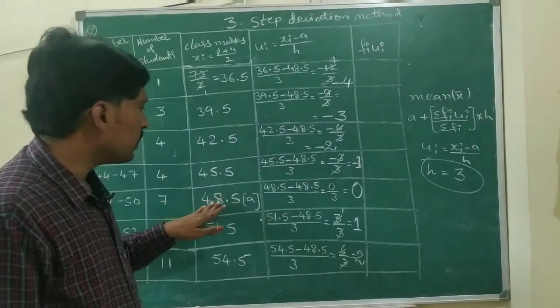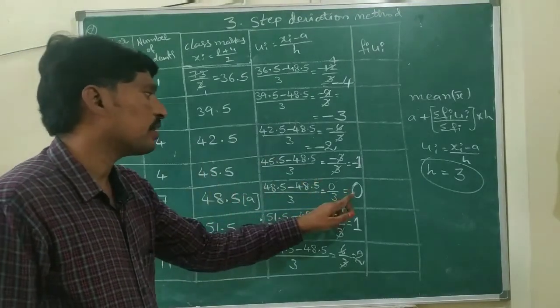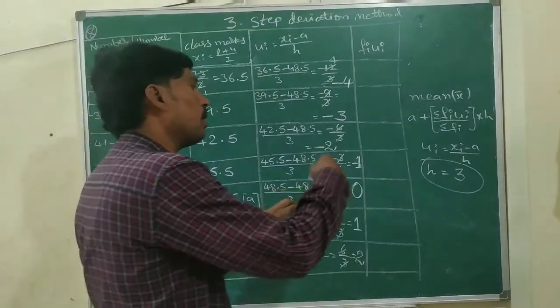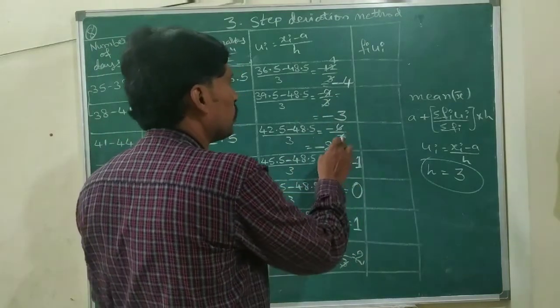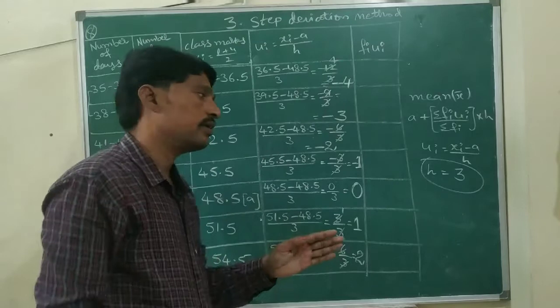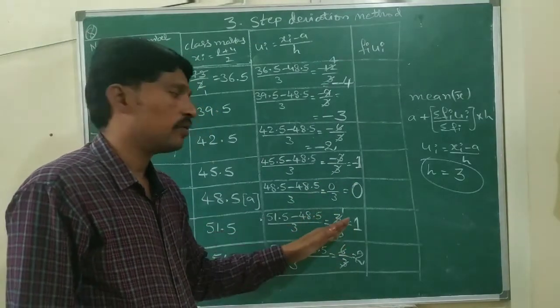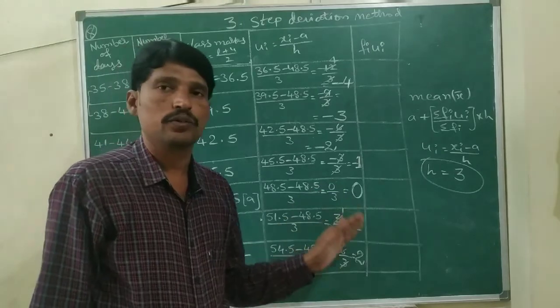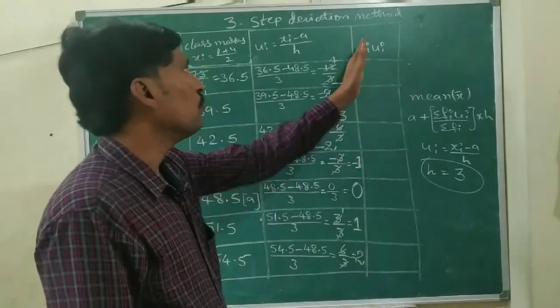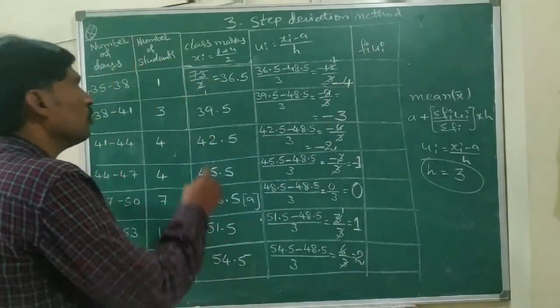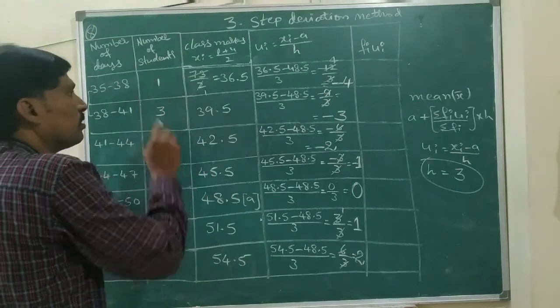Here the A value is 48.5, and beside that class you take 0. Above it you take minus 1, minus 2, minus 3, minus 4, and below it you take positive values, 1, 2, 3 like that. Now we can find Fi Ui.